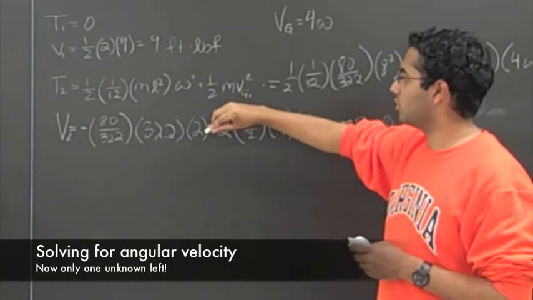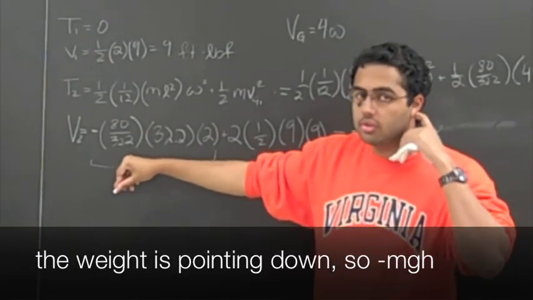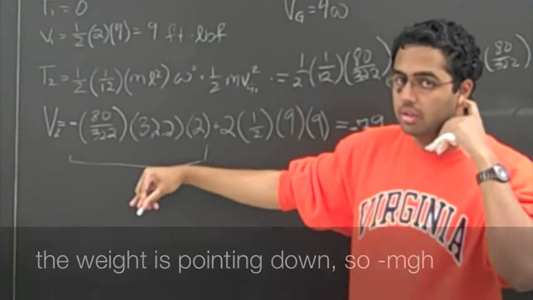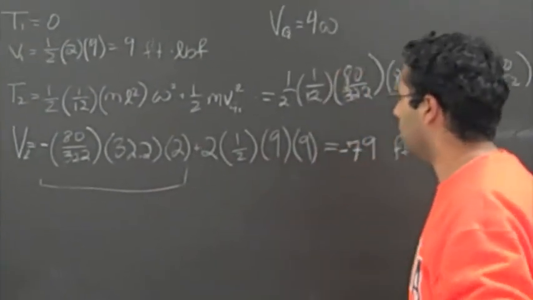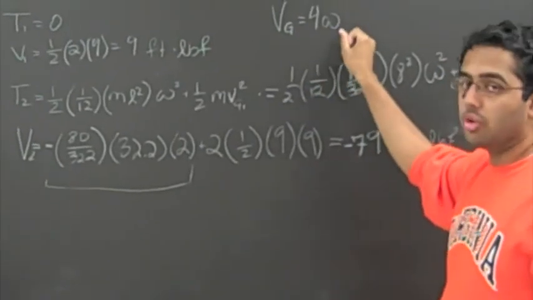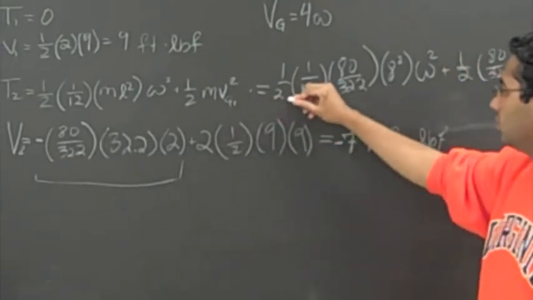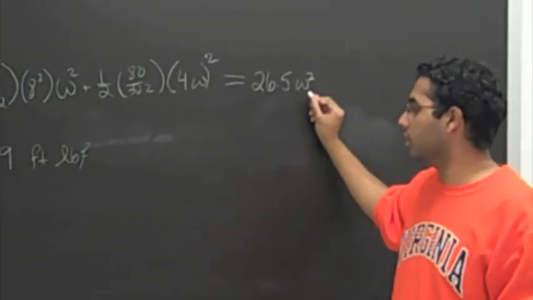So these are all the expressions we have so far for the work energy, just because of our coordinate system, and the G is going in the negative direction. So what we end up with at this point is Vg is equal to 4 omega. When we plug this back into the T2 expression, it comes out to 26.5 omega squared.